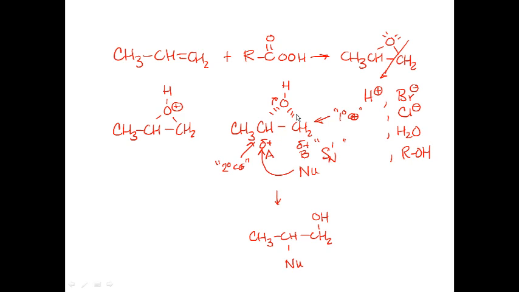And because I protonated the oxygen, I made this go through sort of an SN1 mechanism, at least in terms of the regioselectivity of the nucleophile for whatever carbon it was going to add to.